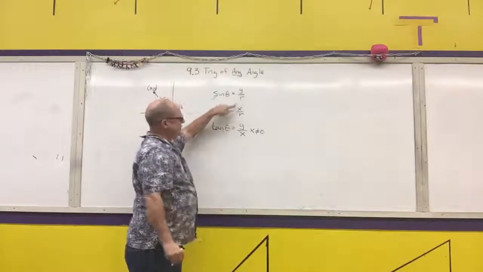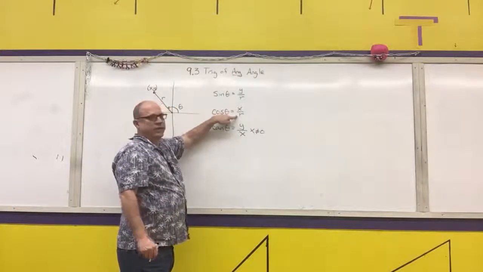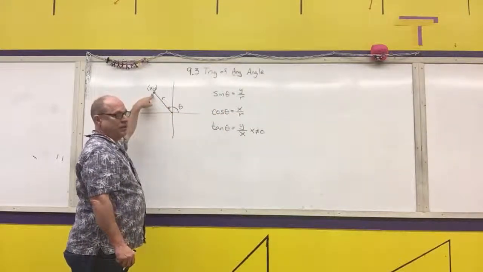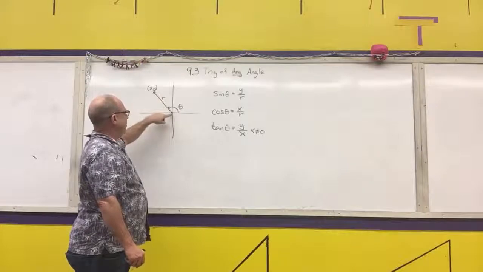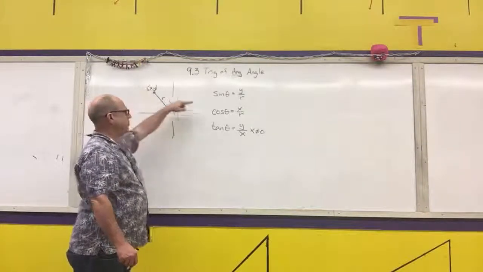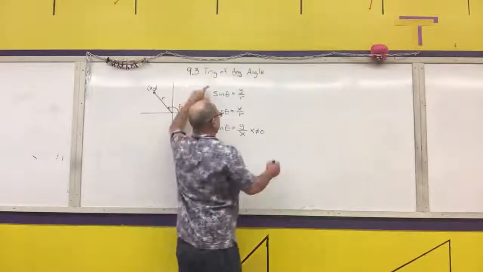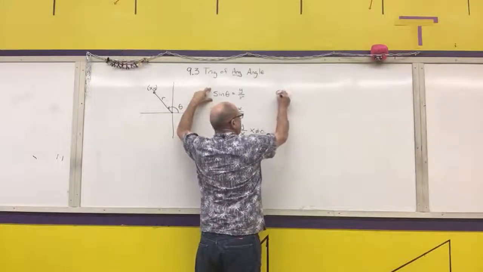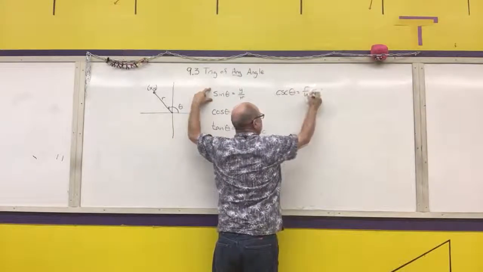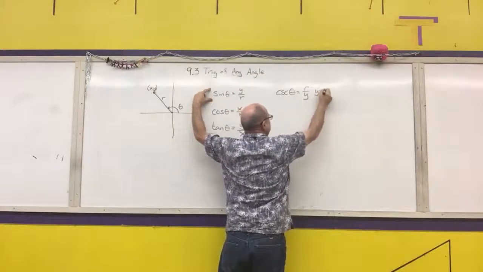The reason why I don't have to stipulate r not equal to 0 is because r can never equal 0, because it's a point that's on the terminal side. It can't be 0, otherwise I wouldn't have an angle. Okay, so the next three are just going to be the reciprocals. Cosecant of theta is r over y, y not equal to 0.